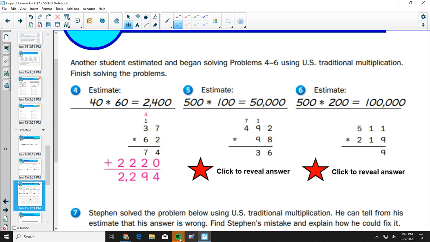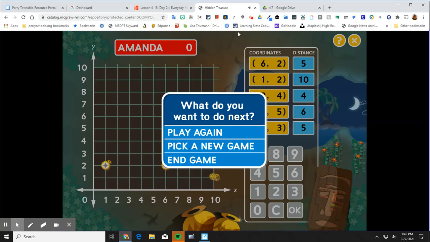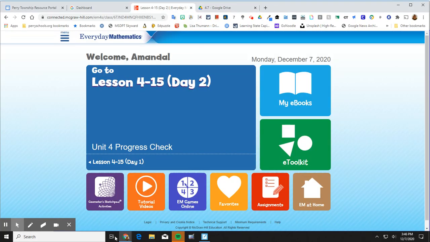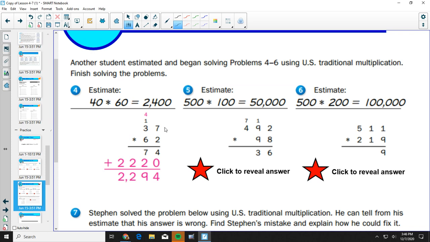They've got, let's X out of this game so it can stop making noises for us. You'll see that they took 37 times 62 and they got 74 for the first row. And then they moved over to the 6 and they got 2220. And they added that together and got 2,294. So that's an example of what you're doing on number 4. You're finishing their multiplication problems.